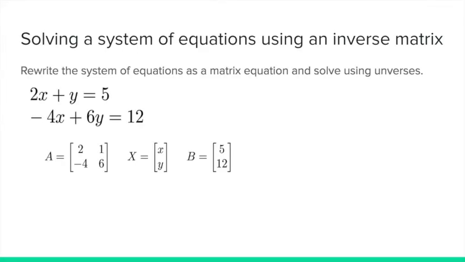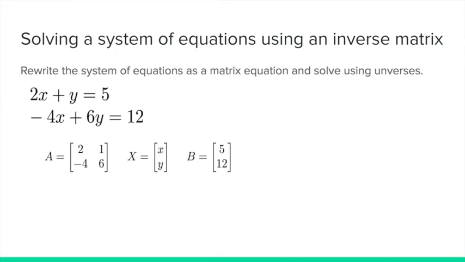All right, so now we want to solve a system of equations using an inverse matrix. We're going to switch back to the document camera here in just a second. But the idea is we can solve a matrix equation just like we solve regular equations now that we have this multiplicative inverse.